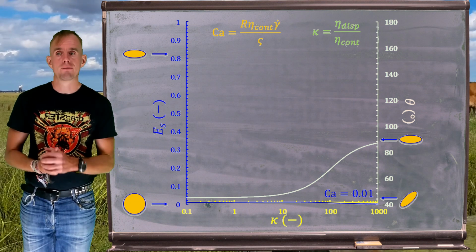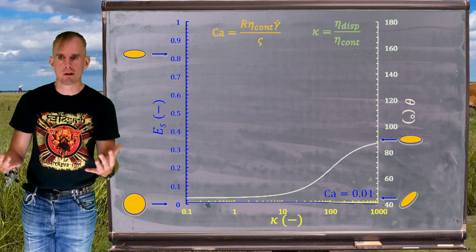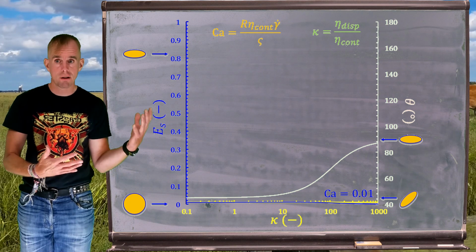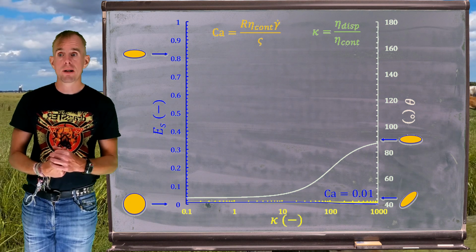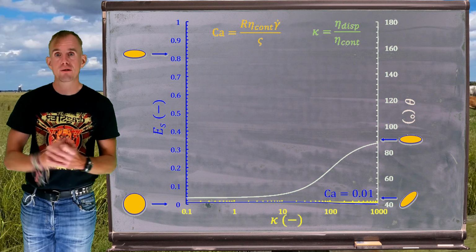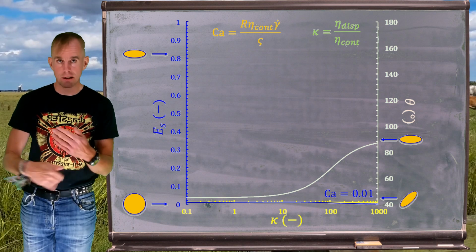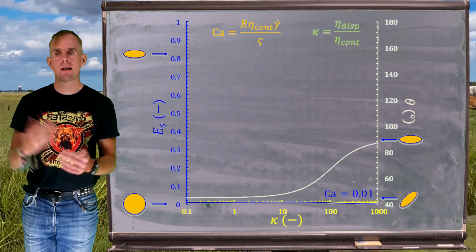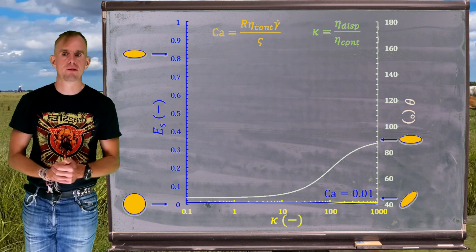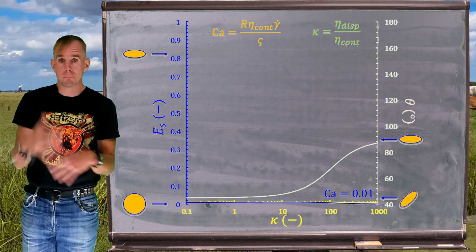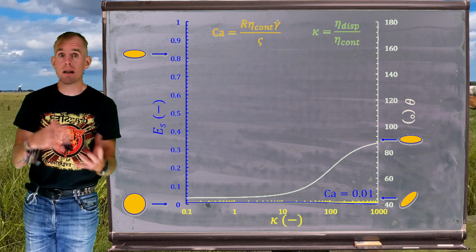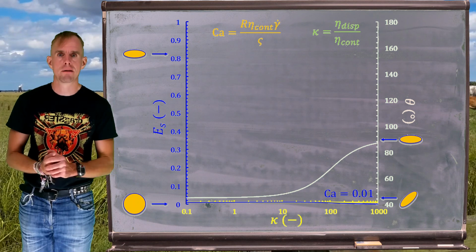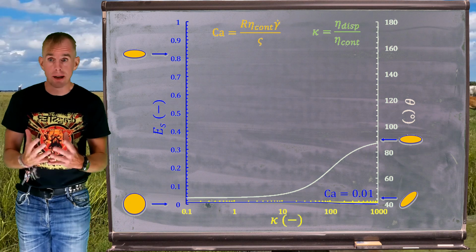And with increasing viscosity ratio, we get the spherical result, i.e. approximately 0. If we look at the orientation of these droplets, at low viscosity ratio, easily deformable droplets, we have an orientation of 45 degrees, and with increasing viscosity ratio an orientation of 90 degrees. But we've got a spherical droplet, so we can't really see that experimentally. So that's with a low capillary number where surface forces dominate.